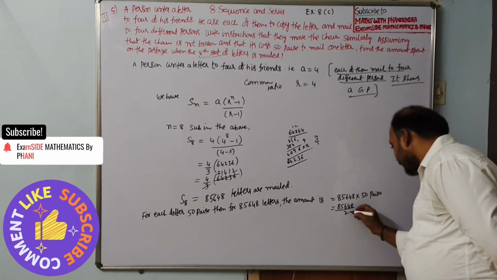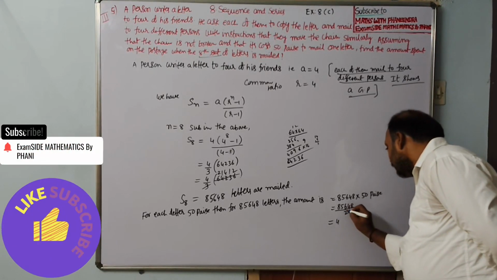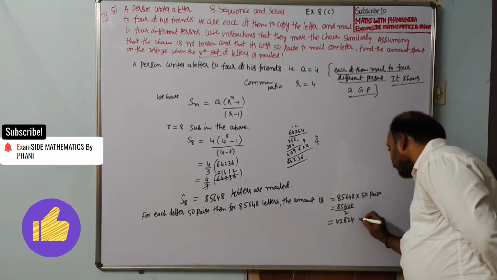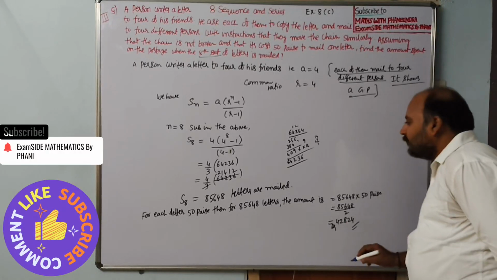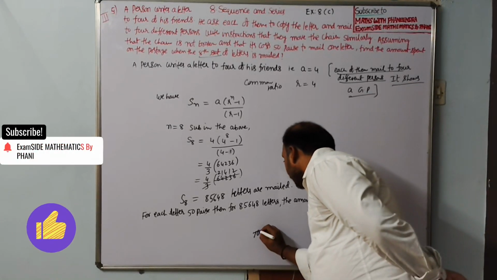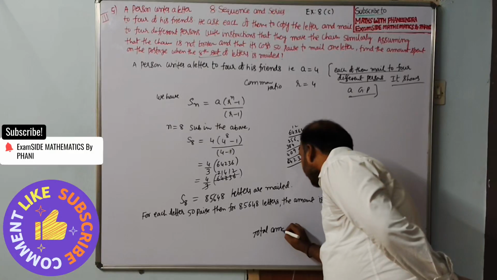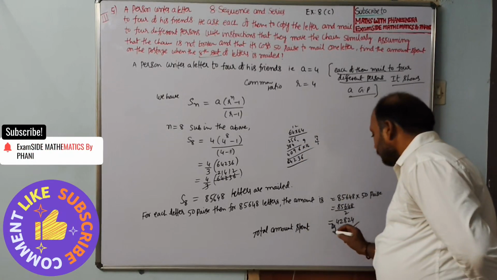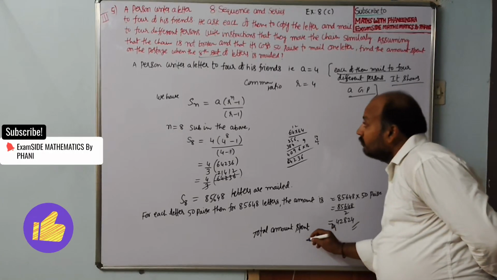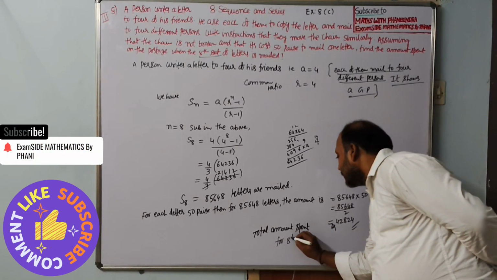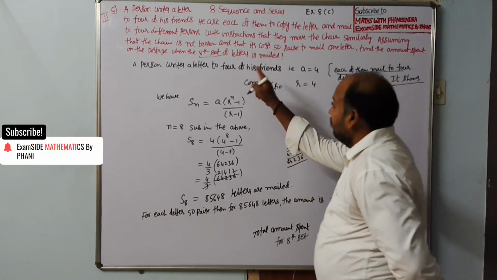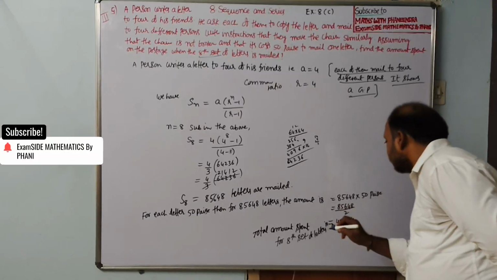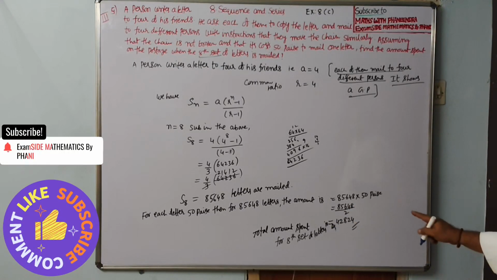1 by 2 rupee. So it is equal to 2 fours, 2 twos are 4, 2 eights, 2 twos, 2 fours. So this much amount. Therefore the total amount spent for 8th set of letters is 42,824.